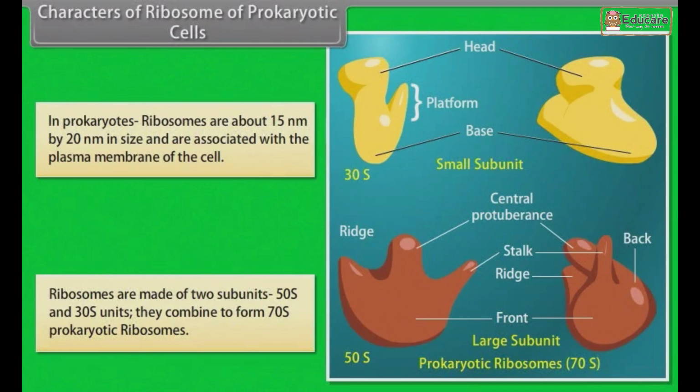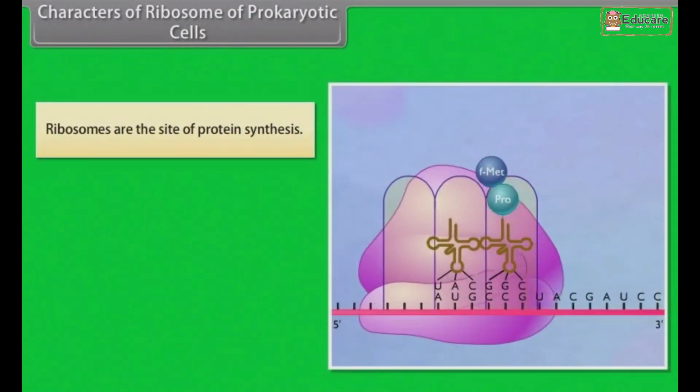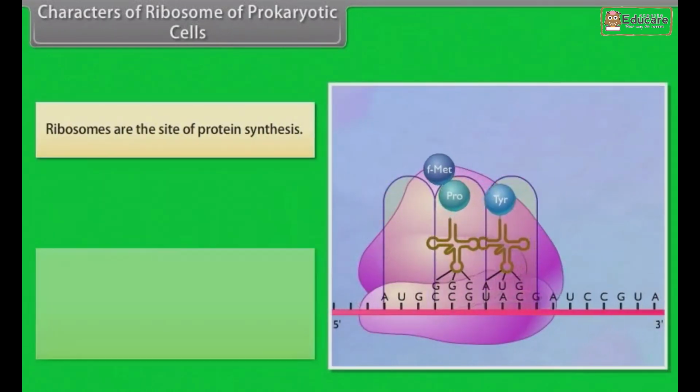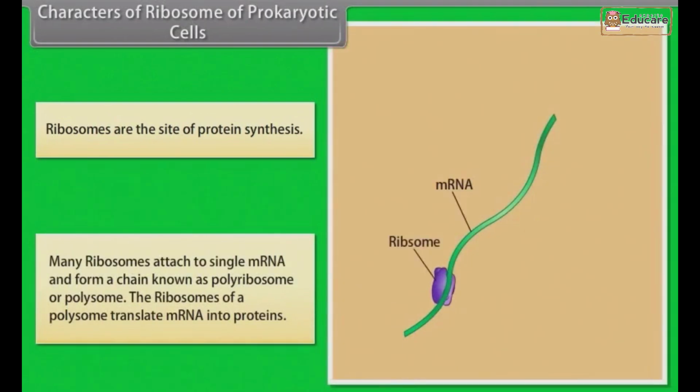They combine to form 70S prokaryotic ribosomes. Ribosomes are the site of protein synthesis. Many ribosomes attach to a single mRNA and form a chain known as a polyribosome or polysome. The ribosomes of a polysome translate mRNA into proteins.